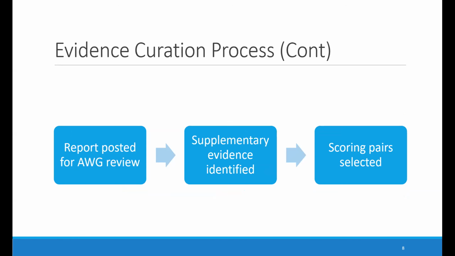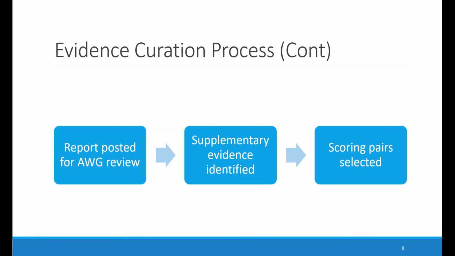And sometimes folks identify some supplementary evidence that's not covered, things like primary literature that supports a recommendation, and they might want that evidence included in the report, or request us to do a search for supplementary evidence for a specific recommendation. And then at that time, they also select scoring pairs.